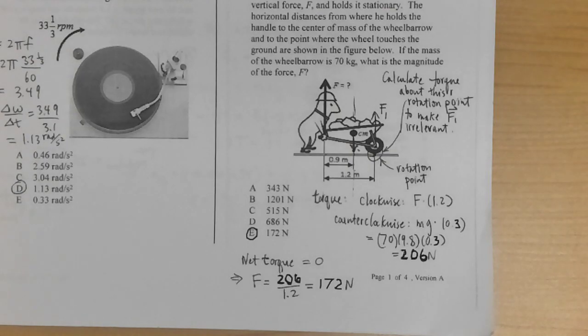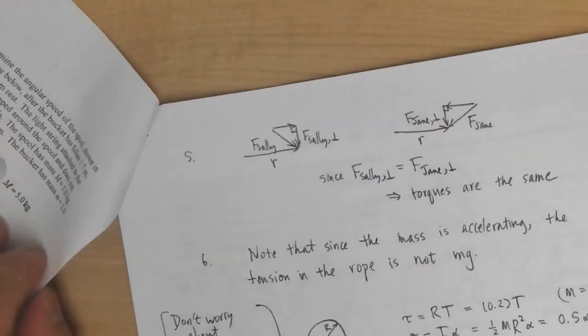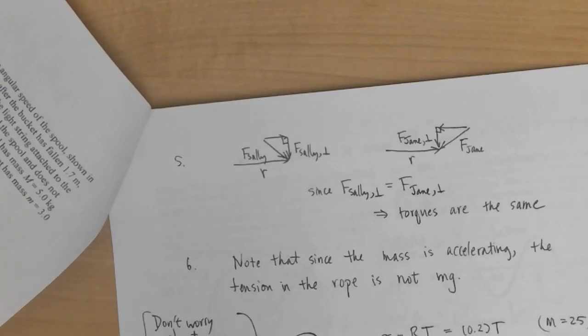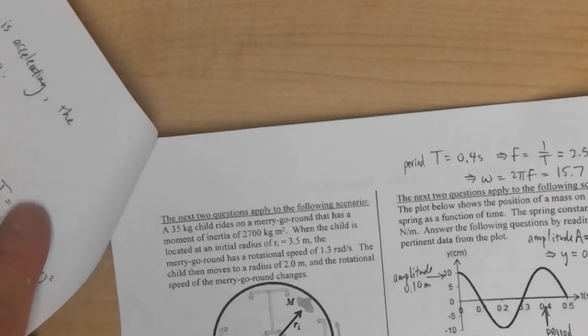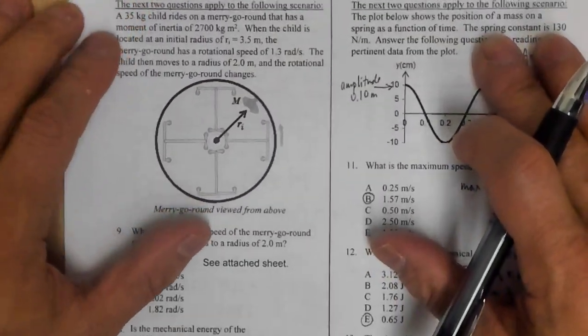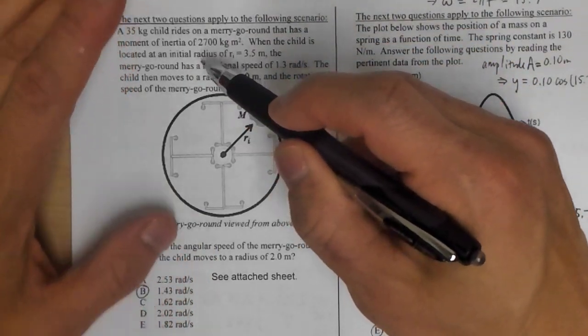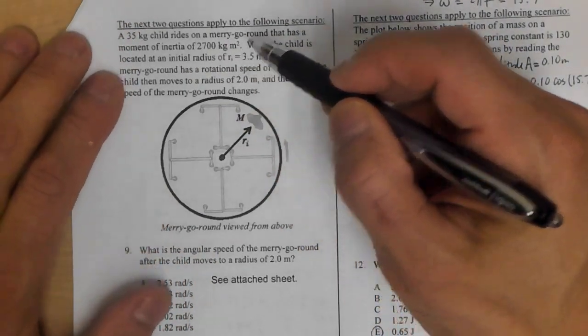Okay, let's go on. Number 9, 3B. A 35 kilogram child rides on a merry-go-round that has a moment of inertia of 2,700 kilogram meters squared.